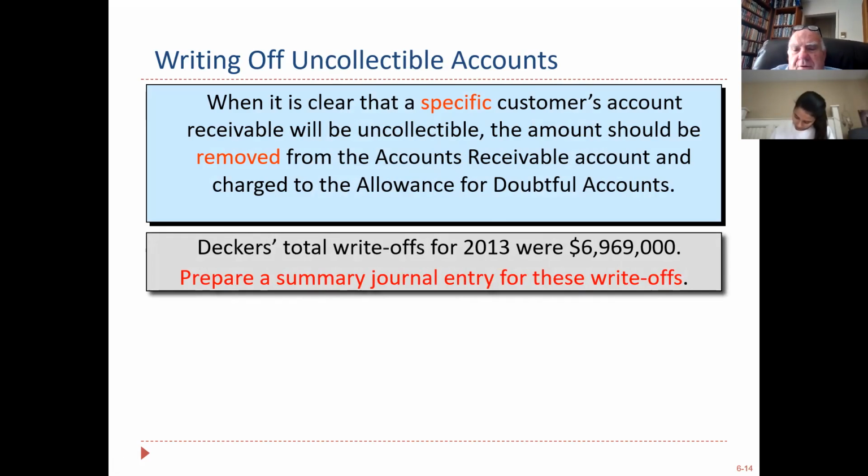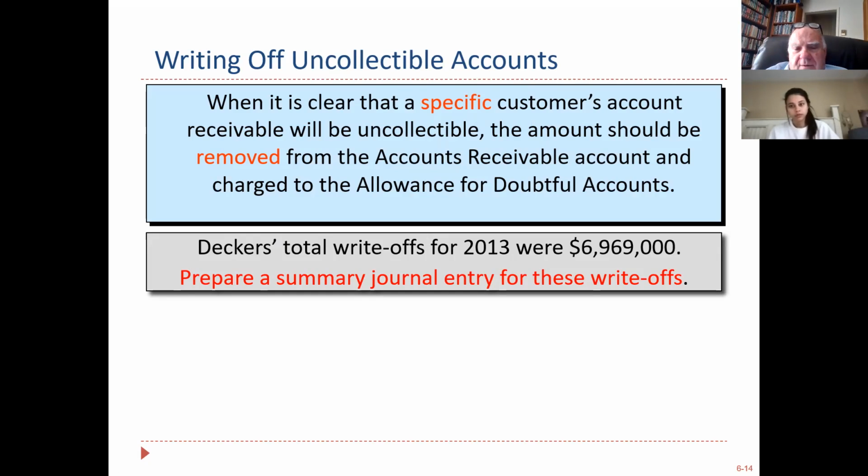So here, they're giving you the number once again. We don't have to compute anything. So Decker has to write off $6,969,000. These are people they know are not going to pay them. Let's pretend this is just one customer. They didn't pay the bill in 30 days.